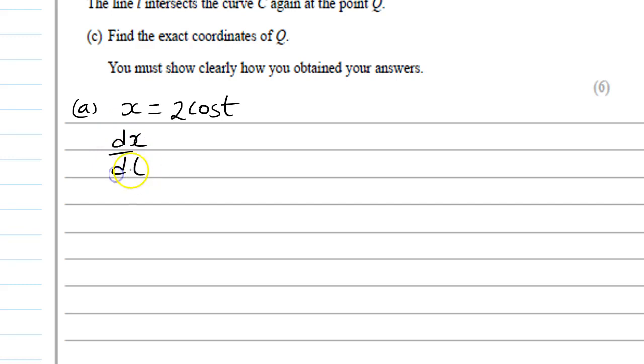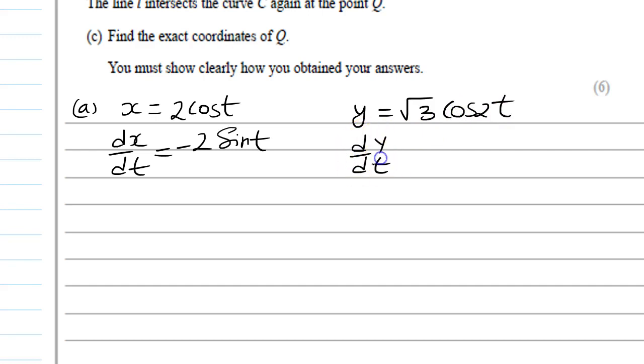dx over dt is equal to minus 2 sine t. Another equation is given, y is root 3 cos 2t. So differentiating with respect to t, it will be minus 2 root 3 sine 2t.